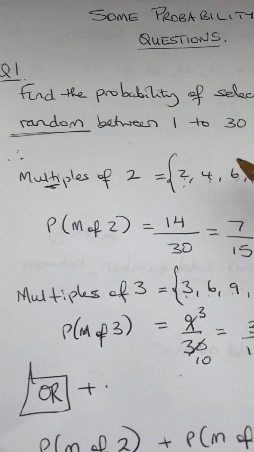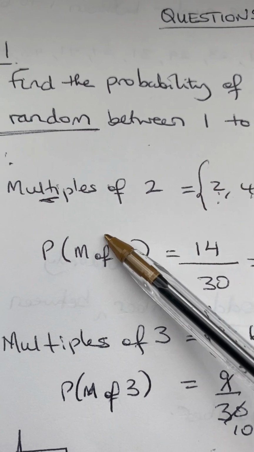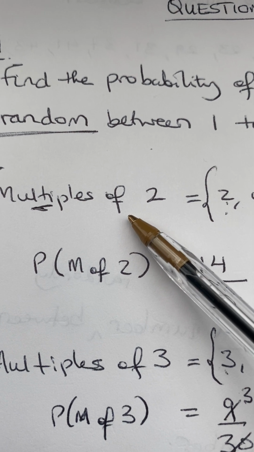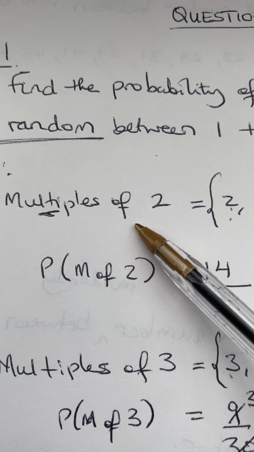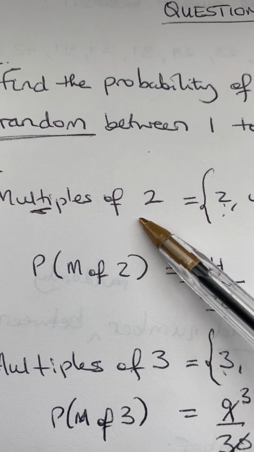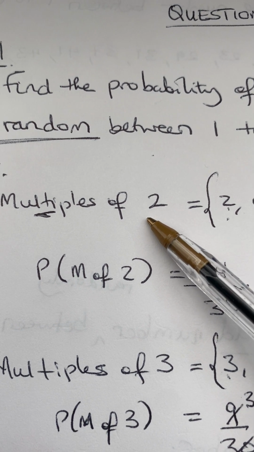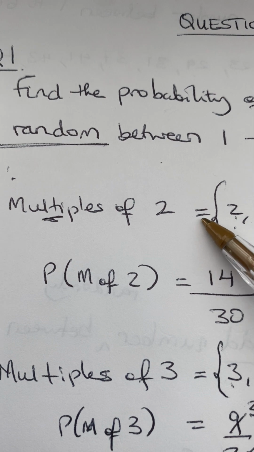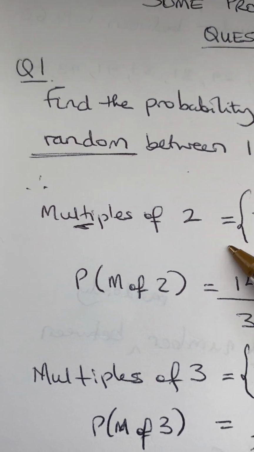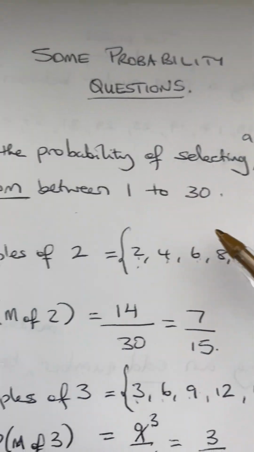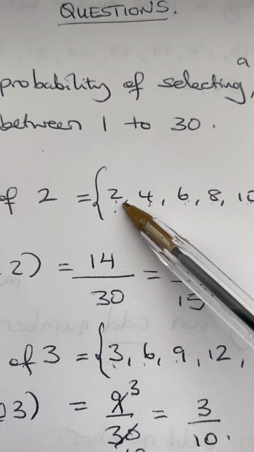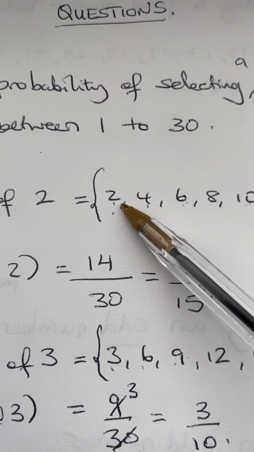Okay, so let's look for multiples of 2. You remember we learned least common multiple and highest common factor. Now we need to apply that knowledge. So multiples of 2 here, between 1 and 30. 1 is not inclusive, and 1 is not even a multiple of 2.